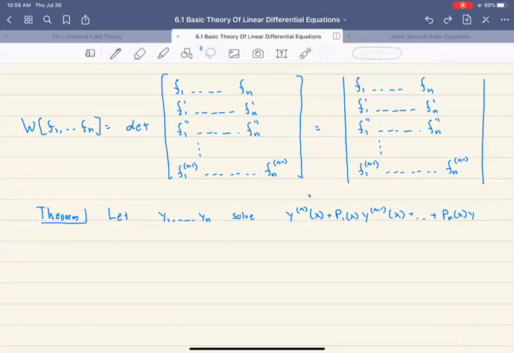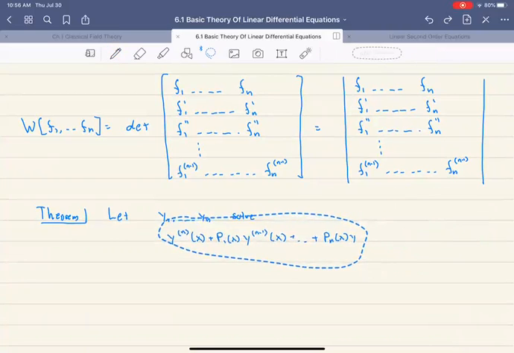So they all solve the homogeneous equation. We're talking about the set that's going to be our homogeneous equation.